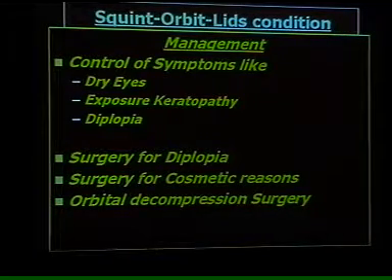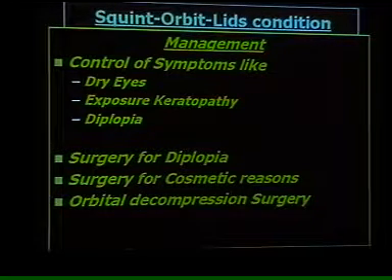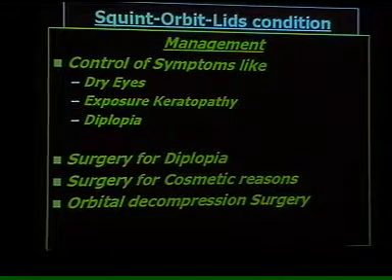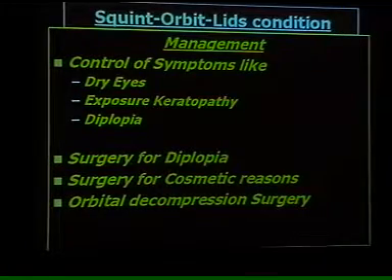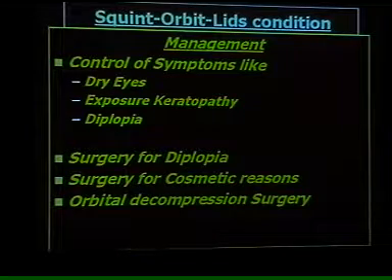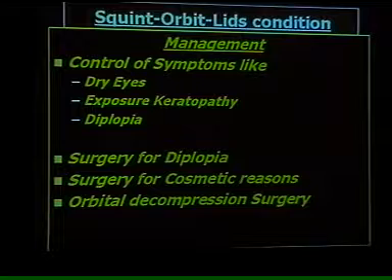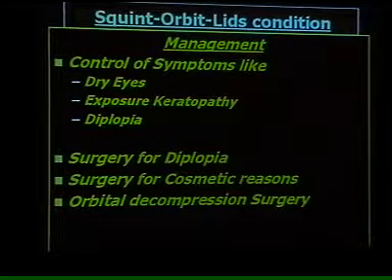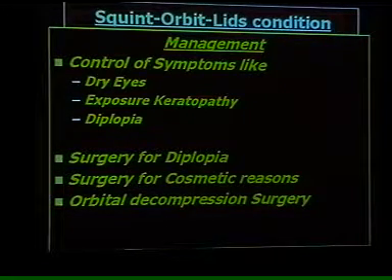Now, one of the surgeries that is done, of course, is a specialized job. Not all ophthalmic surgeons are doing it, and that is the orbital decompression. Since the eyeball is in the socket in the orbit, any increase in the content of the orbit can be decompressed elsewhere, and the maxillary sinus is the commonest area, where if the roof of the maxillary sinus is fractured, the orbital content can go there, and there could be some decompression and reduction in the proptosis.